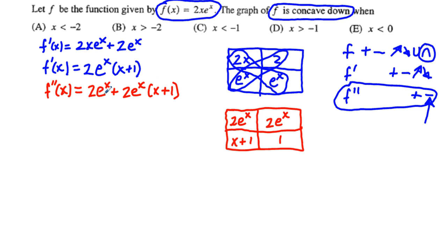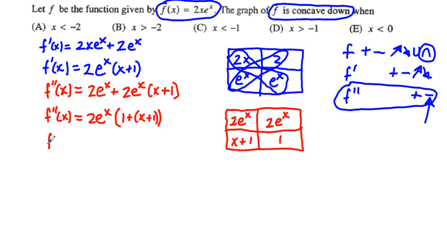And now, with our common factor here, f double prime of x is equal to 2e to the x. And what do we multiply by 2e to the x to get 2e to the x? It's going to be 1. And what do we multiply by 2e to the x times quantity x plus 1 to get this? It's going to be x plus 1.